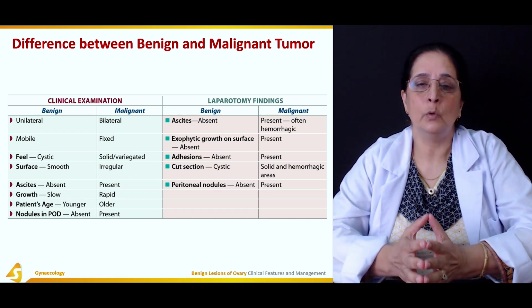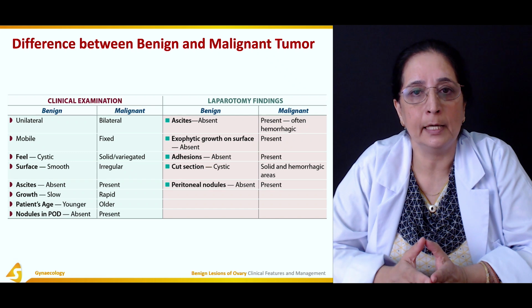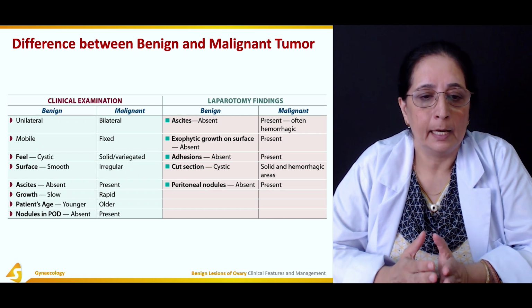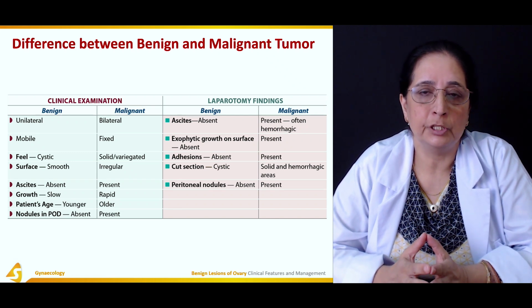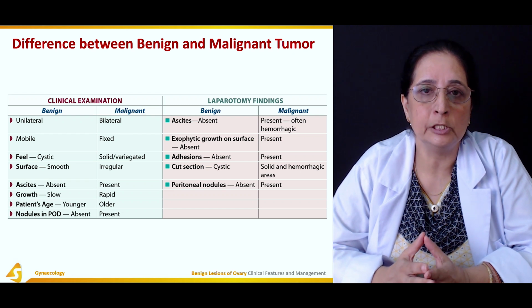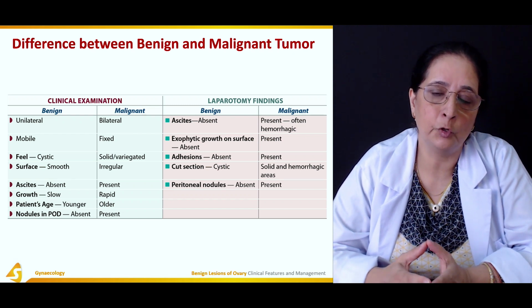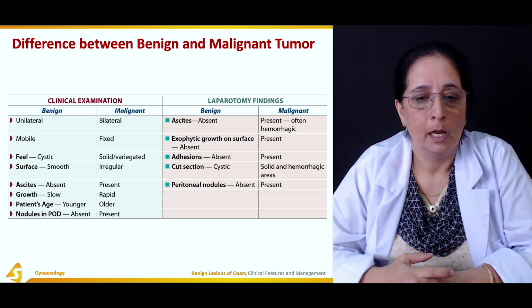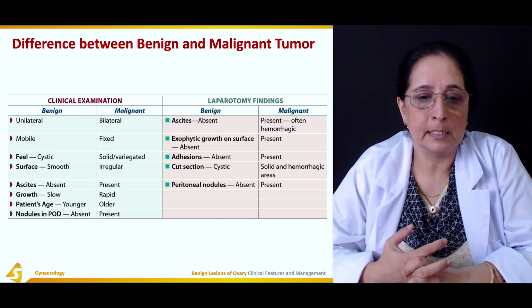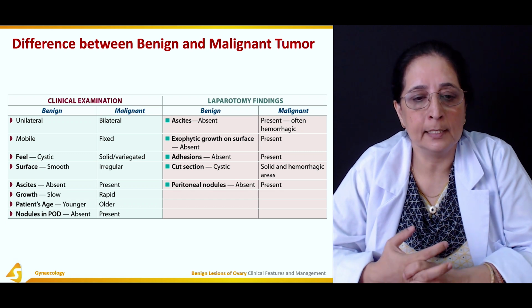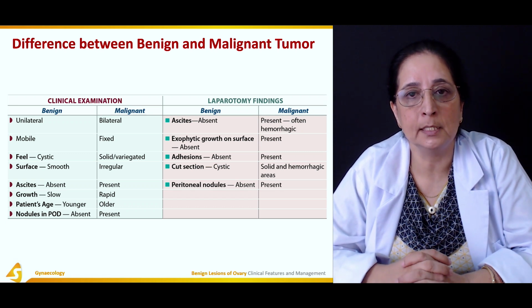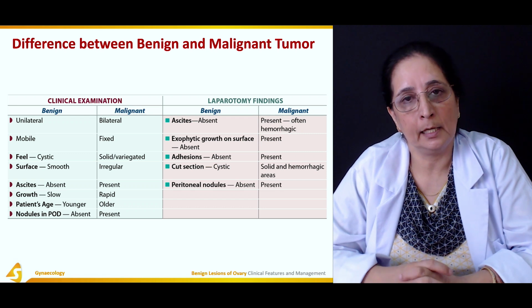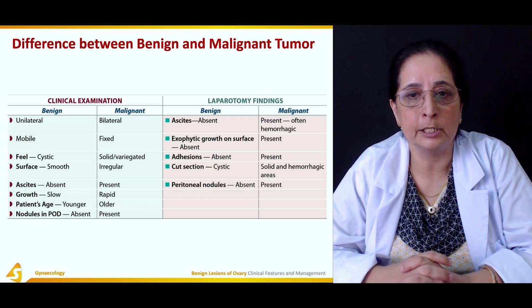Growth is slow in benign, rapid in malignant, and benign tumors are usually in the younger age group and malignant in the old age. Nodules in the pouch of Douglas are usually absent in benign, and present in malignant tumors.